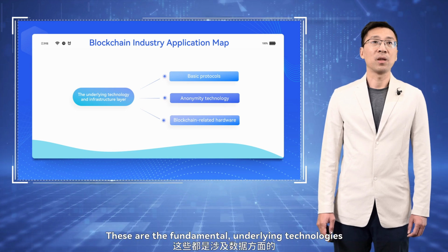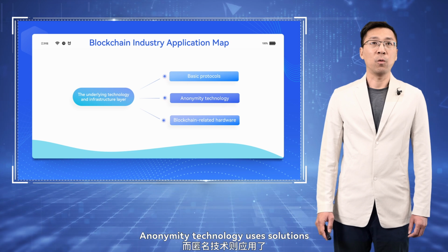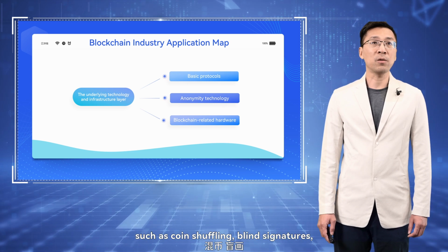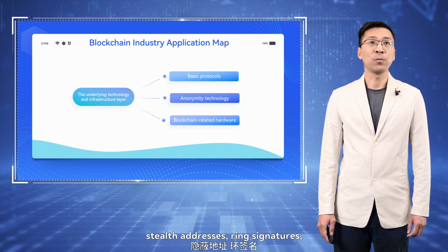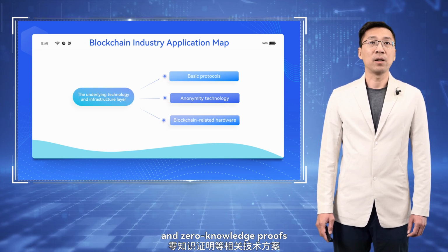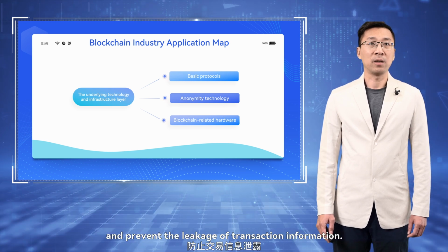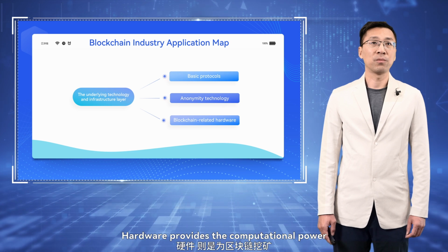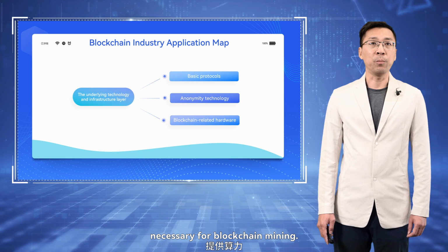These are the fundamental, underlying technologies related to data. Anonymity technology uses solutions such as coin shuffling, blind signatures, stealth addresses, ring signatures, and zero-knowledge proofs to protect user privacy and prevent the leakage of transaction information. Hardware provides the computational power necessary for blockchain mining.